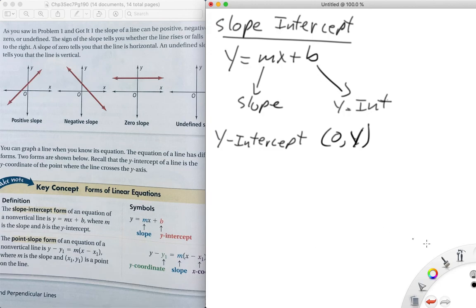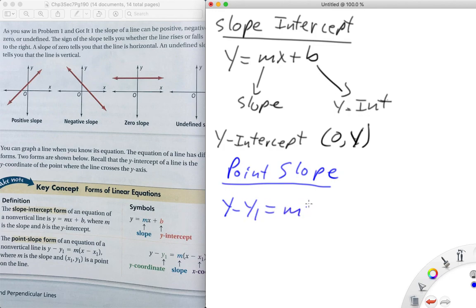Then the other version is something called point-slope form. Point-slope form is in the form of y minus y1 equals m times x minus x1, where you have the slope.